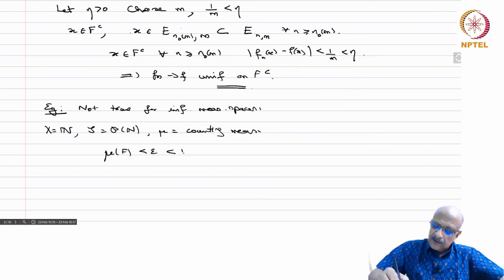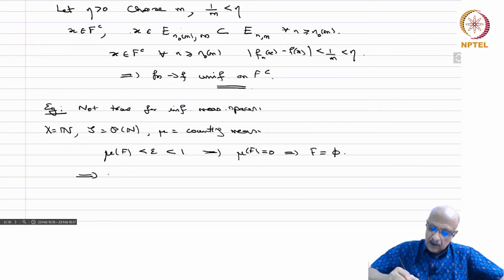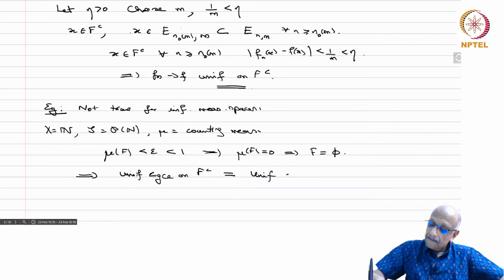If epsilon is less than 1, this implies that mu of F equals 0, which implies that F equals the empty set. Therefore uniform convergence on F complement is the same as saying uniform convergence on N.